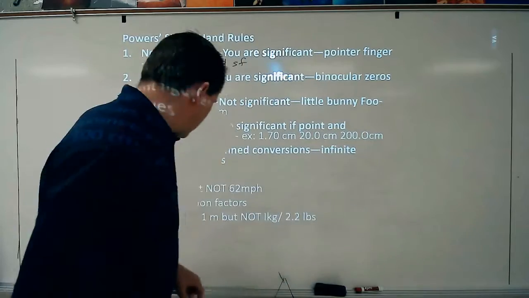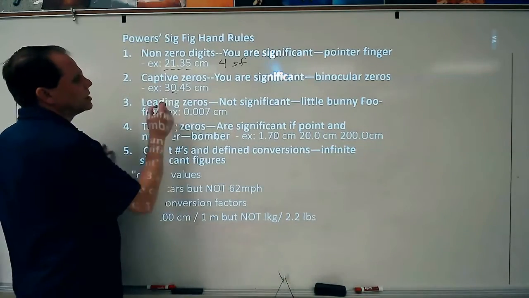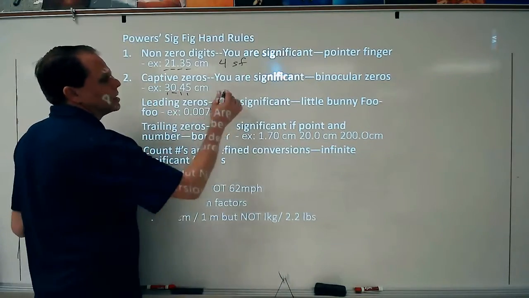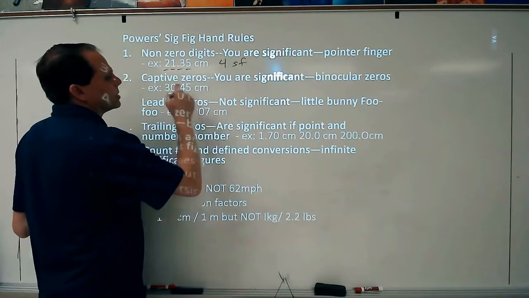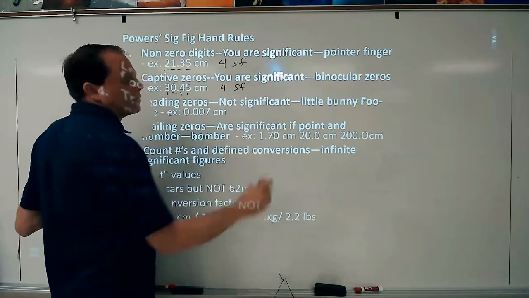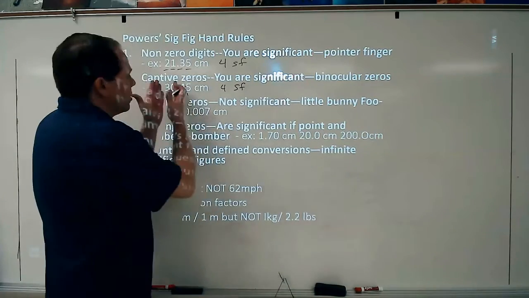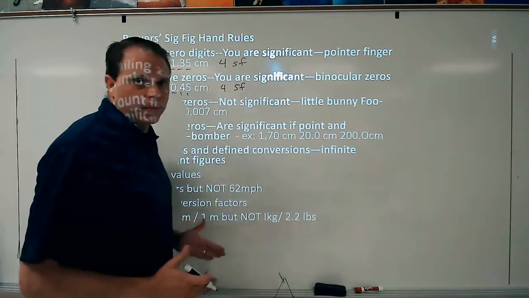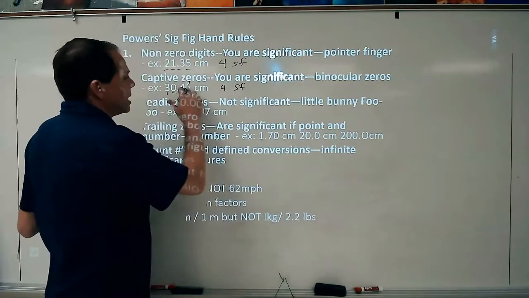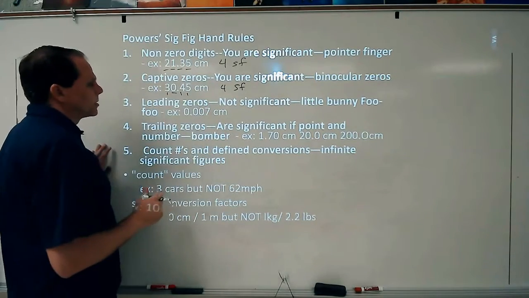You are significant. So that 0 is in between non-zero digits. Therefore, that 0 is significant. So we have 4 sig figs in that one. Again, what are you telling us about the precision of our instrument? We've measured each and every one of those components. This is an estimated digit, but these were all measured digits, okay?